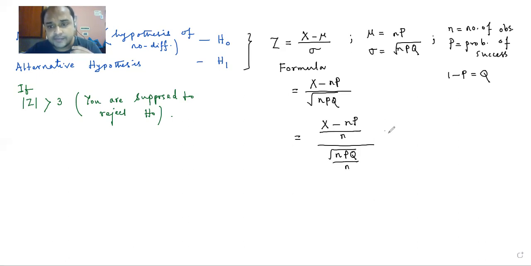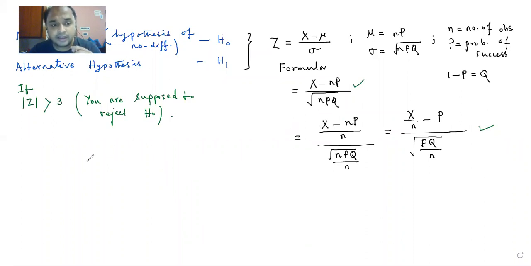So we can write it as x by n minus p, divided by the square root of pq by n. How? Because this n is outside the square root, and if I put it inside, we have to square it. So one n will cancel another n from this n squared, and we'll get pq by n. This is another version of the formula. Sometimes we use this or sometimes that, depending upon the situation, but ultimately we are going to get the same result. This is the first part that I want to tell you.